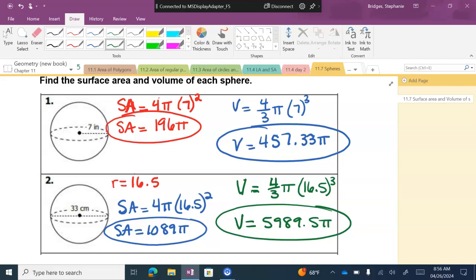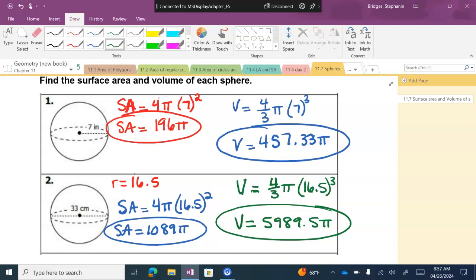So it'd be 2 times pi times 4. 4 is R. Finish this one first. What's your answer going to be?